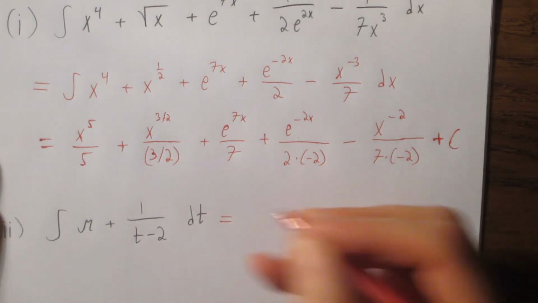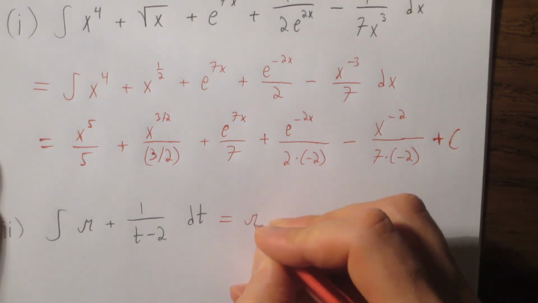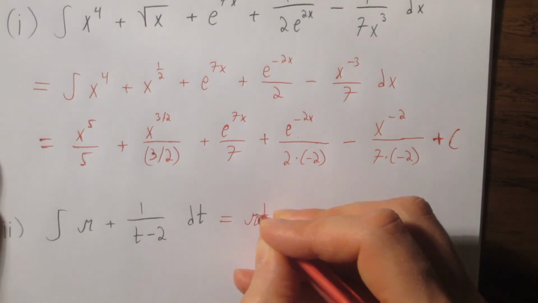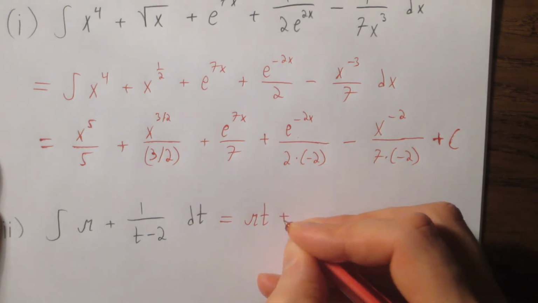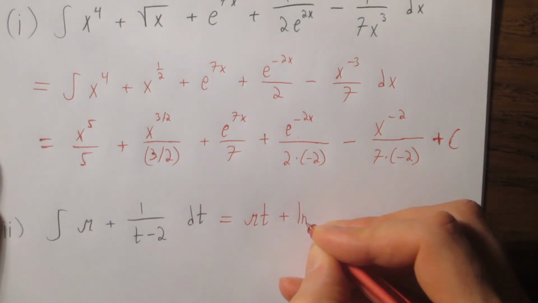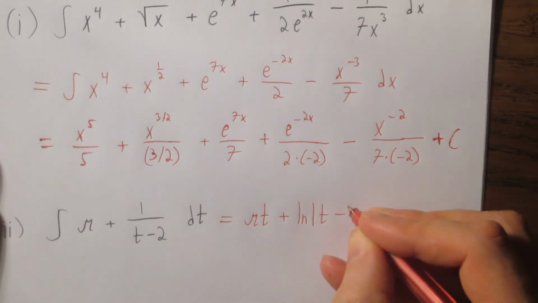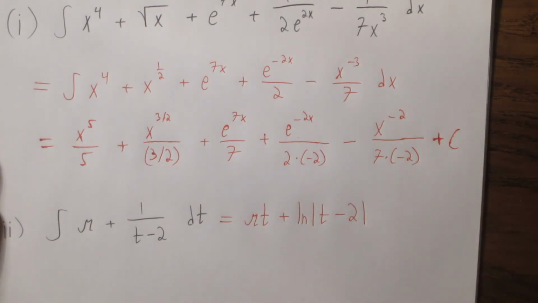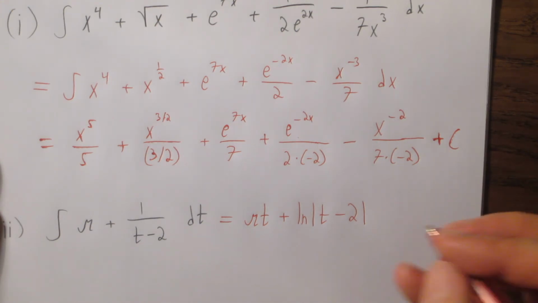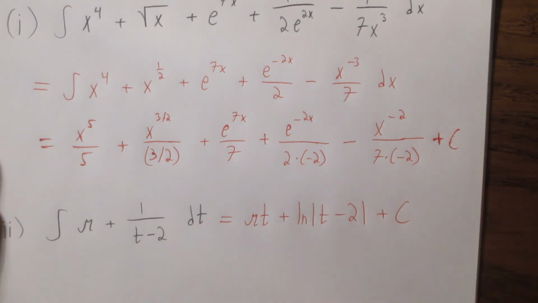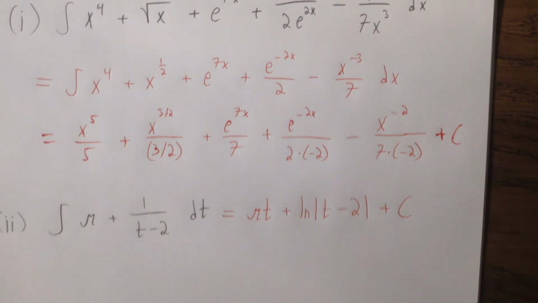So pi being a constant integrates to pi t. And if you think about it, ln of the absolute value of t minus 2 does differentiate to 1 over t minus 2. So that's going to be the answer.